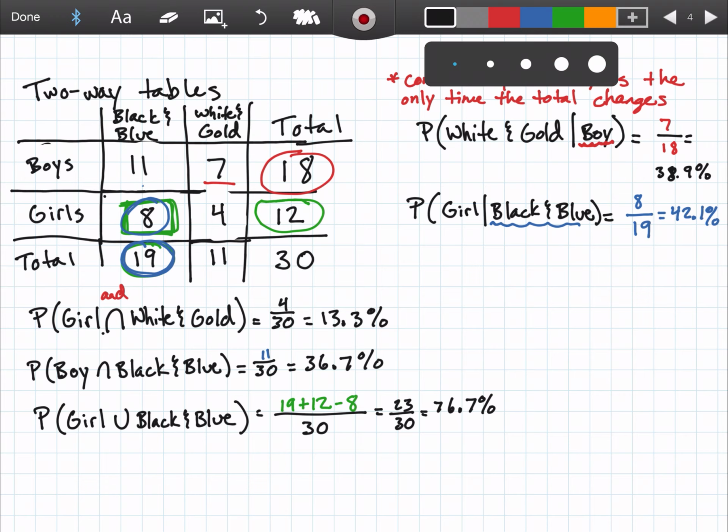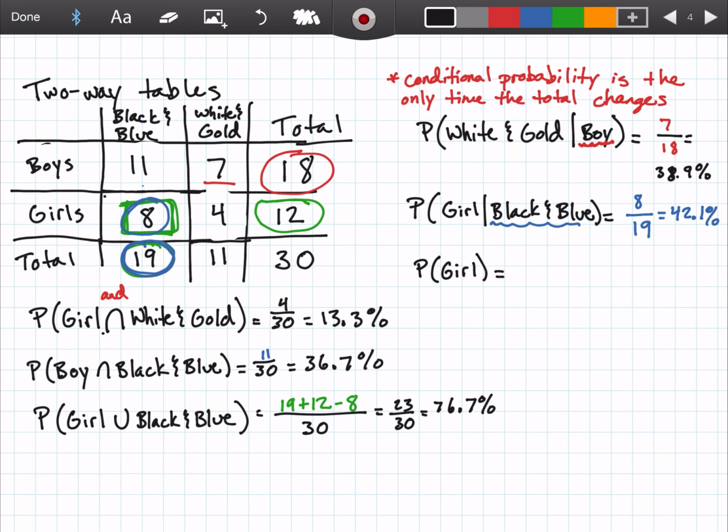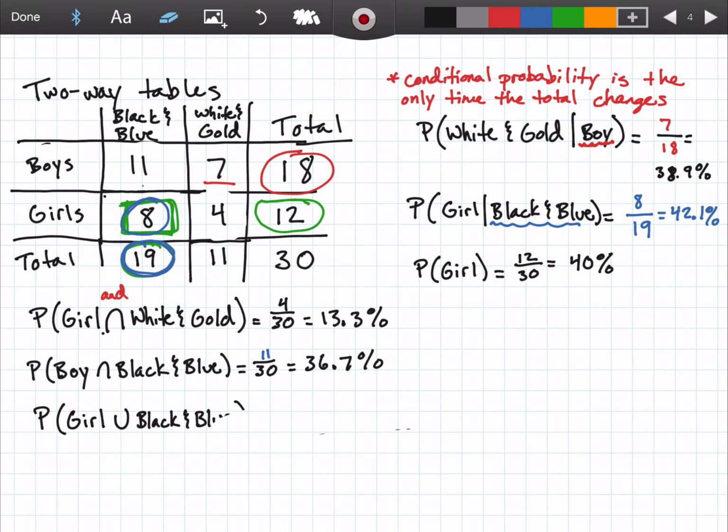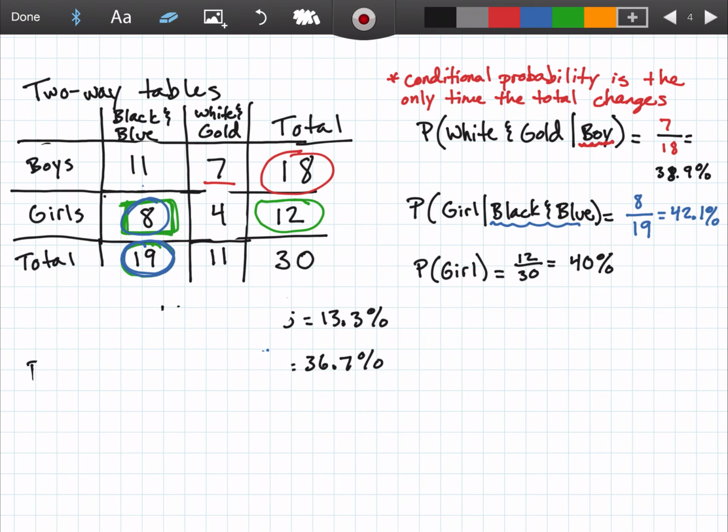Okay, so let's talk about independence. And for that, I'm going to need a probability that someone is a girl again, which was 12 out of 30, which was 40%. I'm just going to erase these so they don't get in my way.